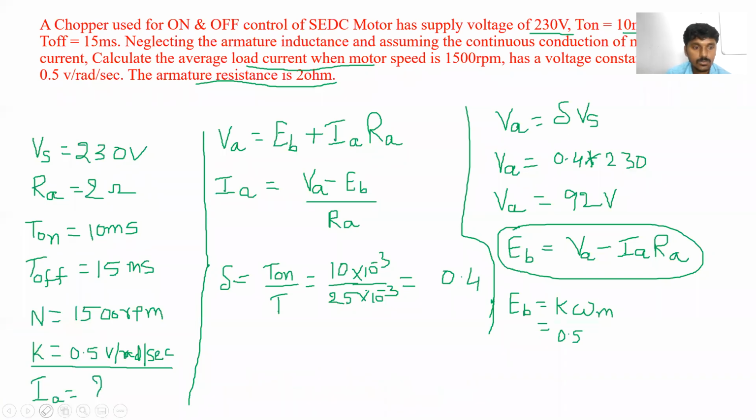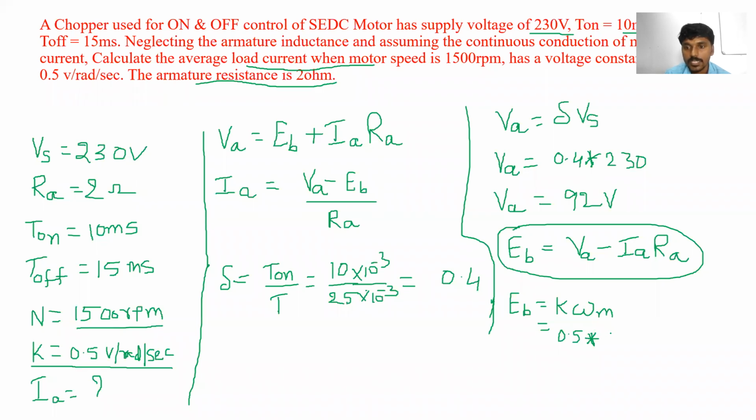So EB is equal to 0.5 into, but we don't know the value of omega m here. The motor speed is not known, but it has been given that the motor speed N is equal to 1500 RPM. So we can convert this to omega m.